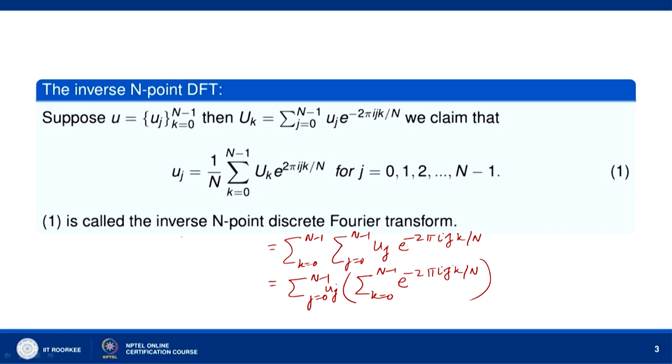So, let me write this as sigma k equal to 0 to n minus 1 of u_k e to the power 2 pi i j k by n. I have put the value of u_k, and I have to multiply by e to the power 2 pi i j k, but j is already being used here. So, I should take some other index, not j.